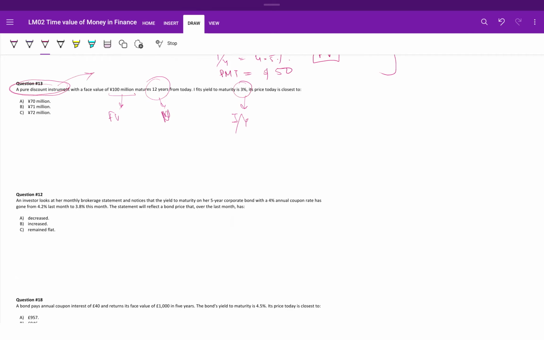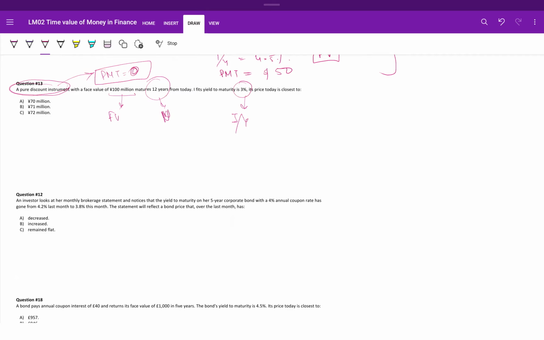A pure discount instrument with a face value of 100 million matures 12 years from now. If its yield to maturity is 3%, its price today is closest to what? So here the PMT is going to be zero.